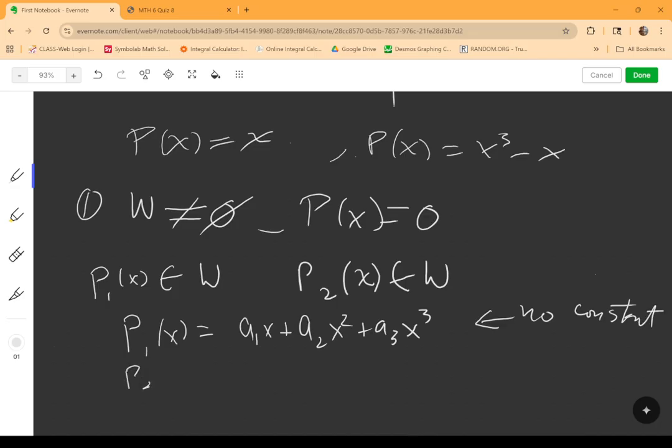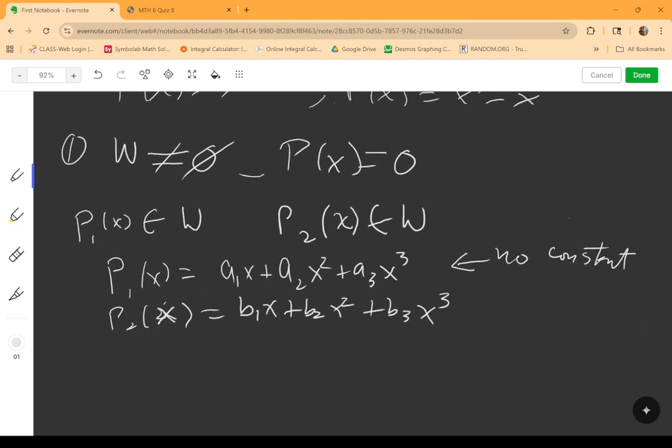All right, so I'll define P2 to be b1x plus b2x squared plus b3x cubed. And again, how do I know these are in W? Well, if you plug in 0 for x and evaluate, you'll see the result you get for both of them is 0.